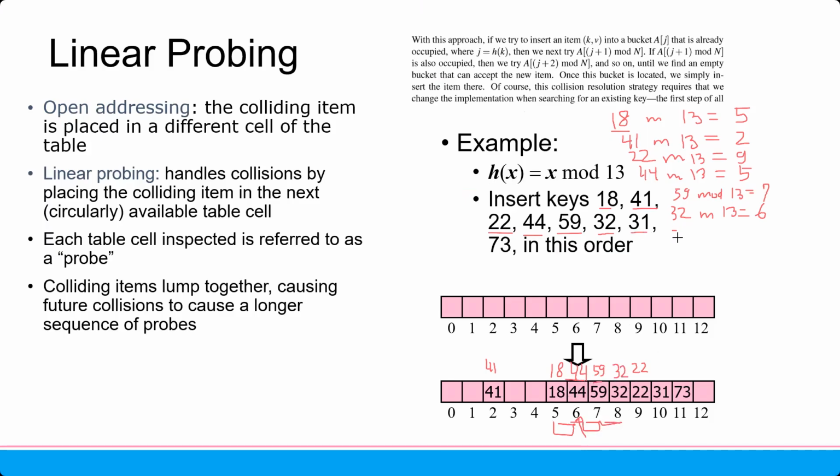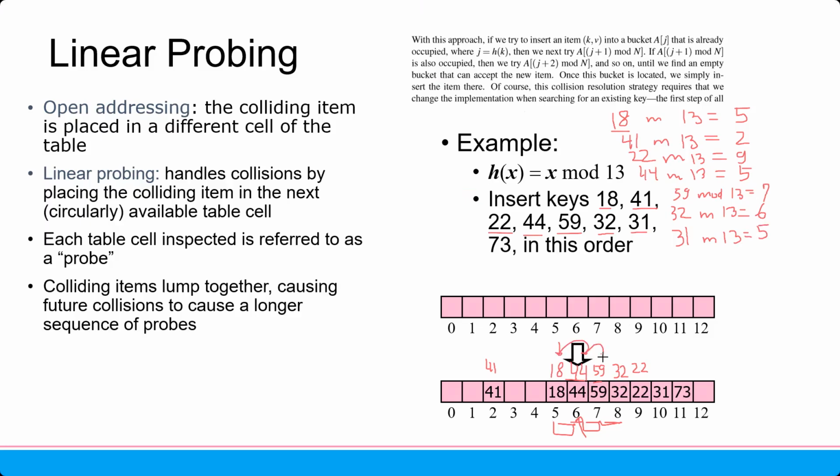Now let's see 31. 31 mod 13, the result is 5. Okay, then let's put it into 5. Oh, in the 5, we have 1. So we go to 6. In the 6, we have another value.